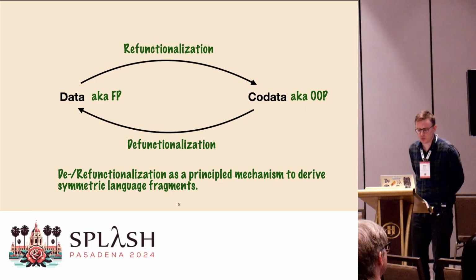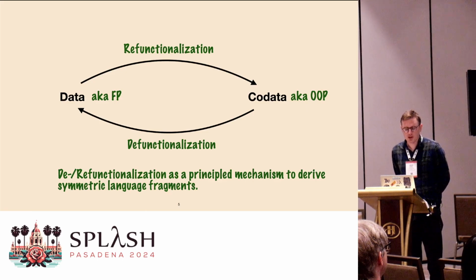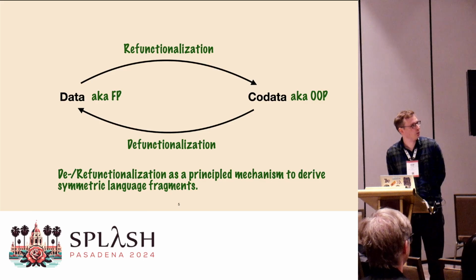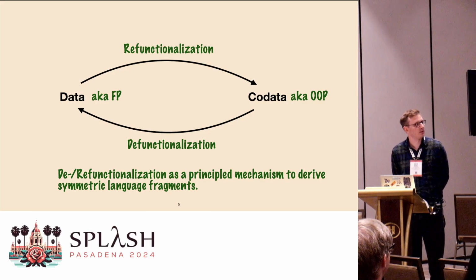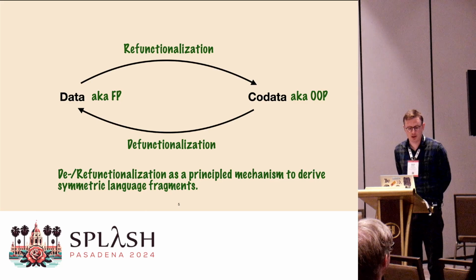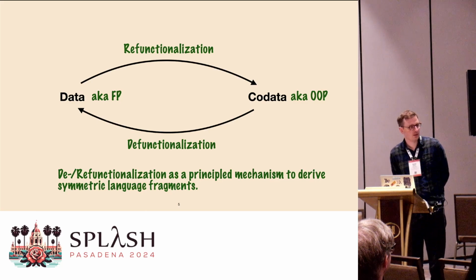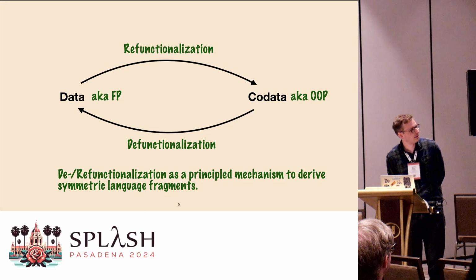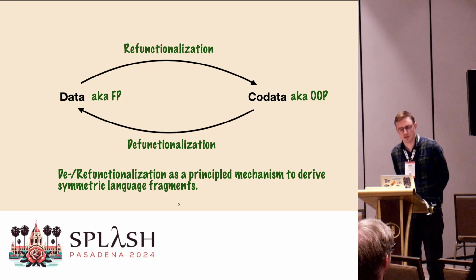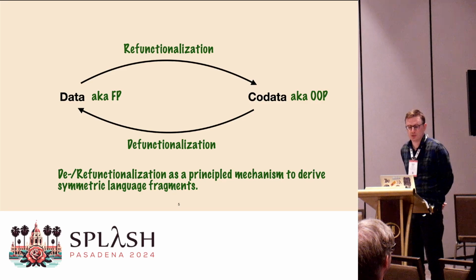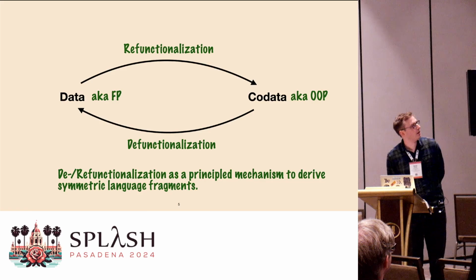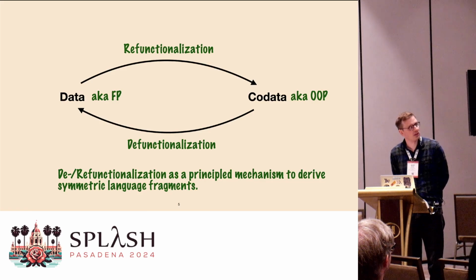And in this work, we use defunctionalization and refunctionalization not as a compiler technique, but as a principled mechanism to derive two symmetric language fragments of data and co-data types within the same language. And this can be used as such a principled mechanism, because only in languages where data and co-data types are completely symmetrical can you define those transformations in a total and type-preserving way.